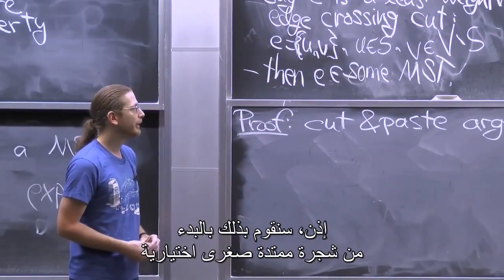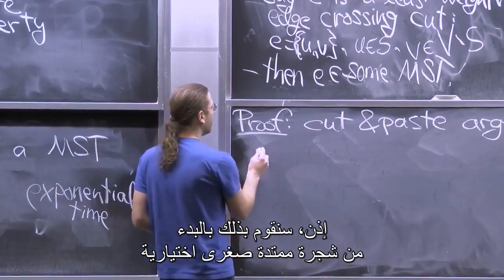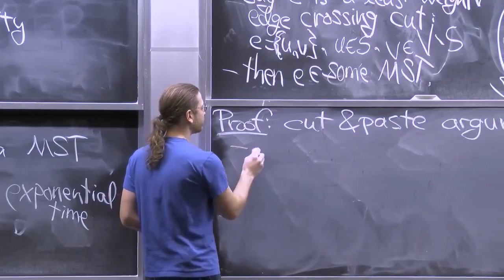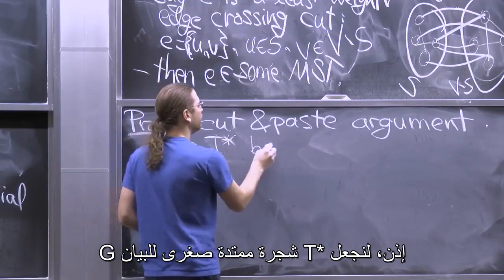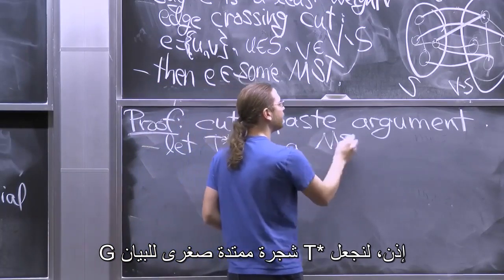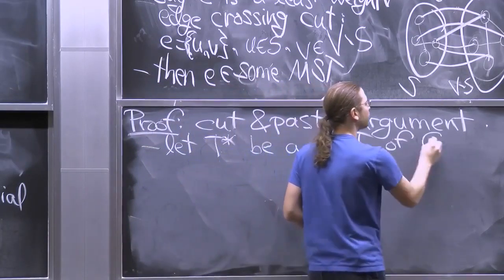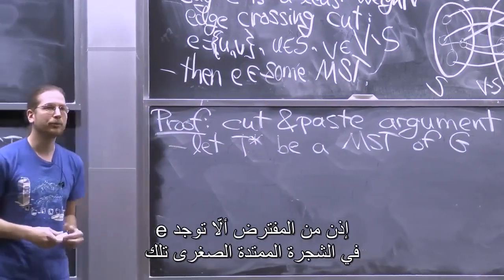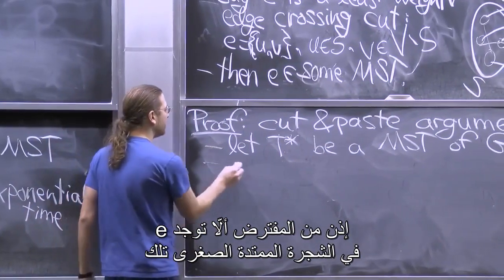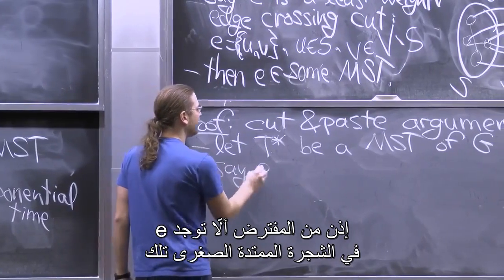OK, so we're going to do that by starting from an arbitrary minimum spanning tree. So let T star be a minimum spanning tree of G. And if the edge E is in there, we're done. So presumably, E is not in that minimum spanning tree.